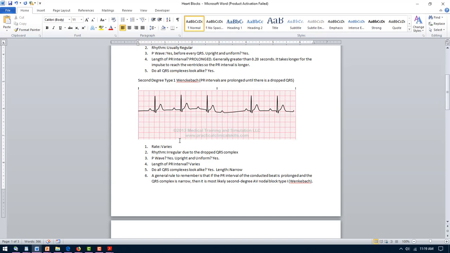So that PR interval slowly gets longer until there's a dropped beat, a dropped contraction of the ventricles. So, first degree, there's always a longer PR interval. Second degree, that PR interval slowly gets longer until the ventricles don't beat.